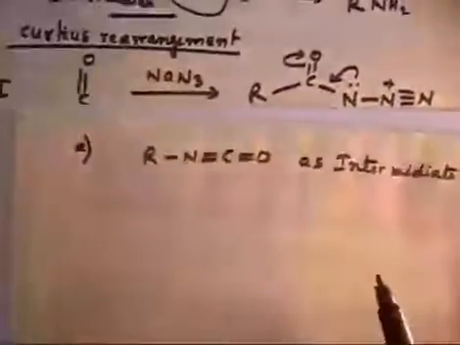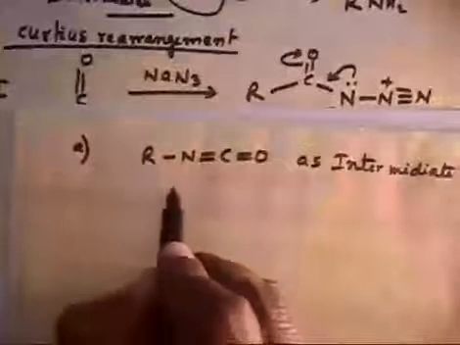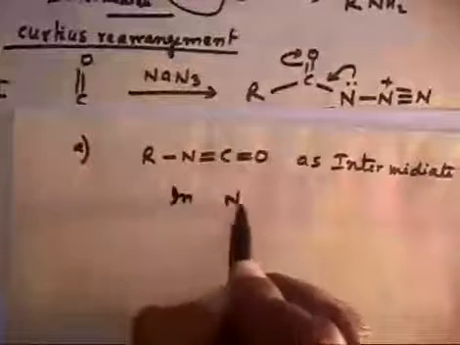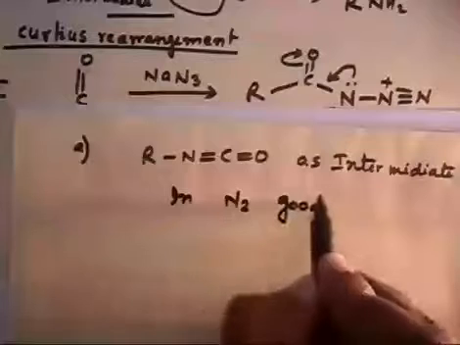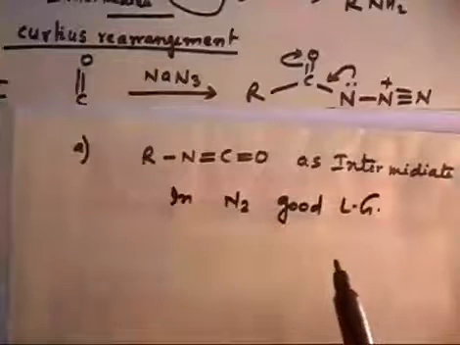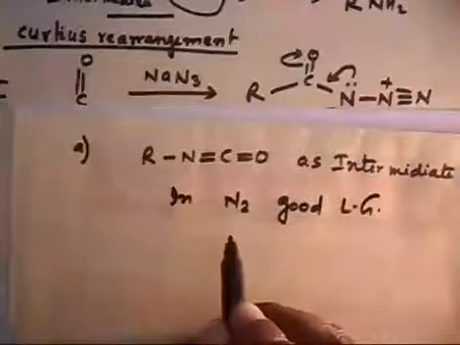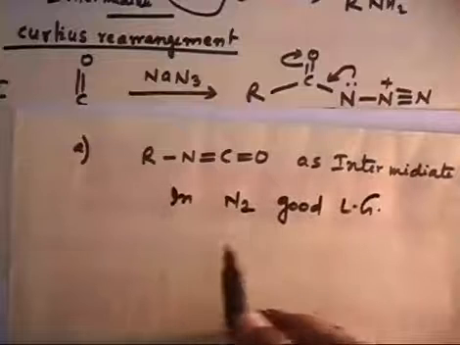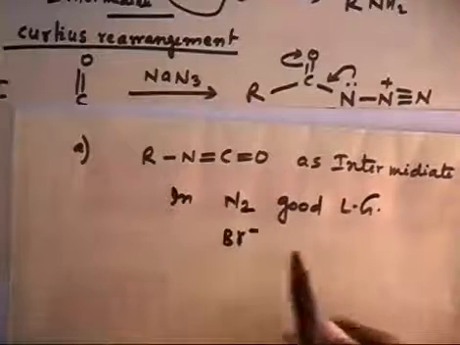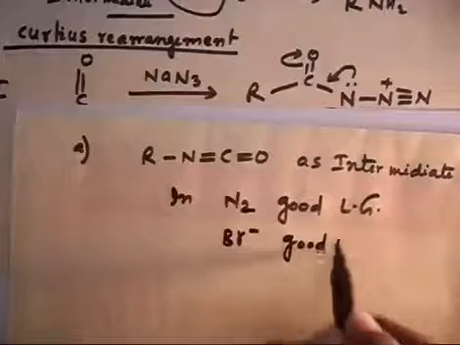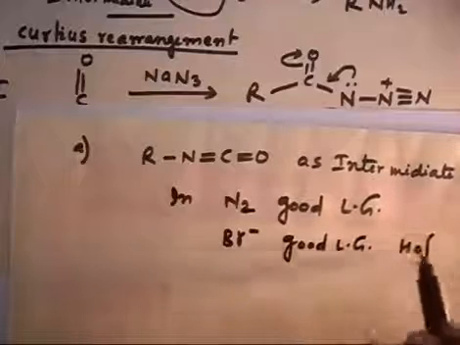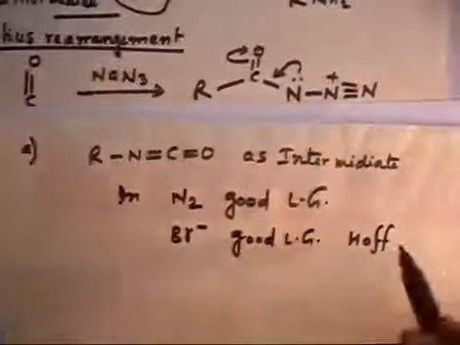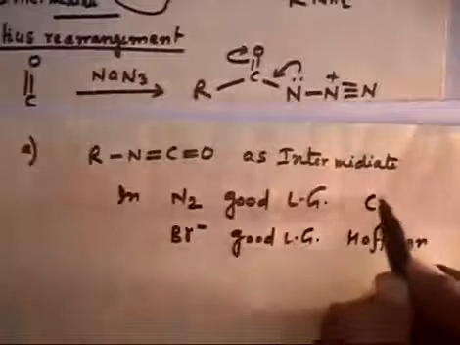In one case N2 is a good leaving group, and in the other case Br minus is a good leaving group. So this is in Hofmann rearrangement, and this is in Curtius.